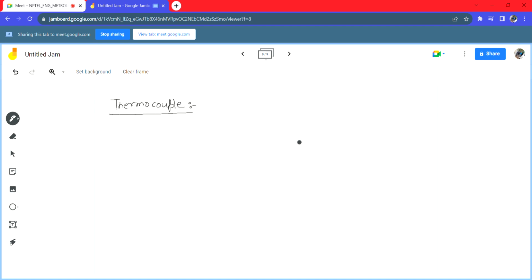So if I again try to break the name, I will identify two terms, thermal and couple. Now this always indicates two. So there are two thermal junctions, or maybe rather two thermal entities colliding at one junction.